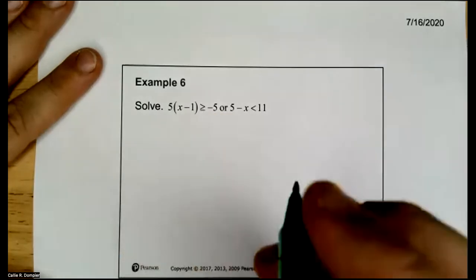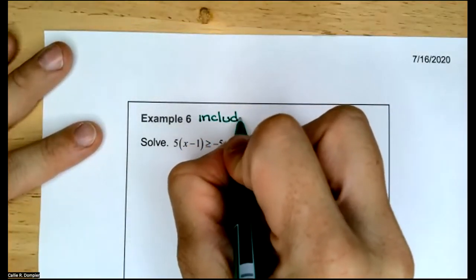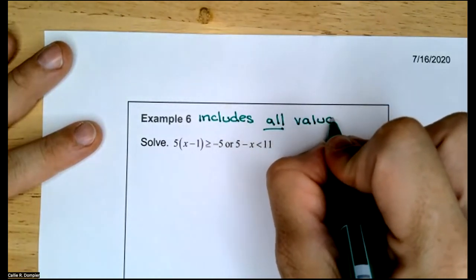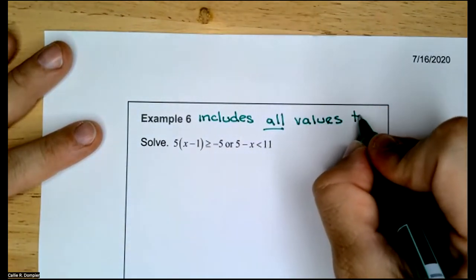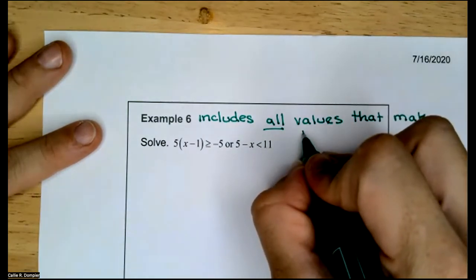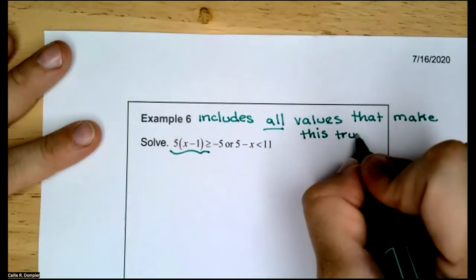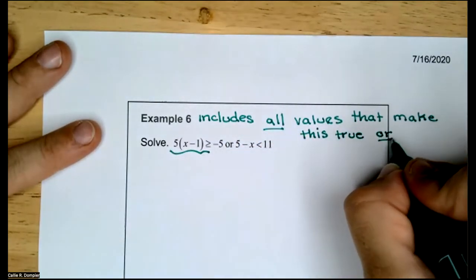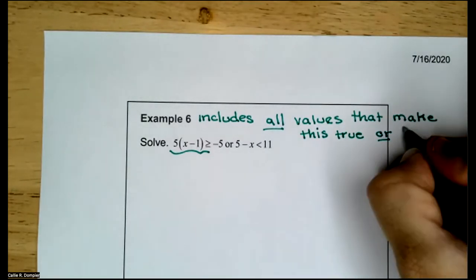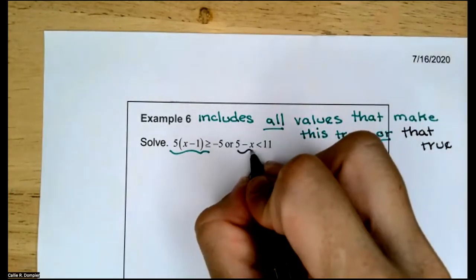Again, or means it includes all values that make this true or that true.